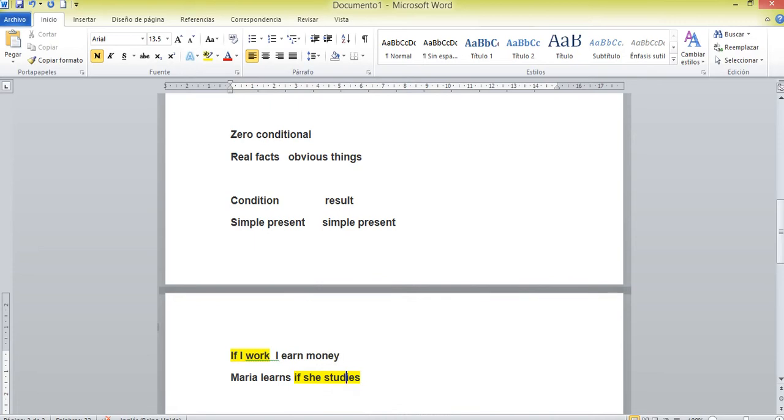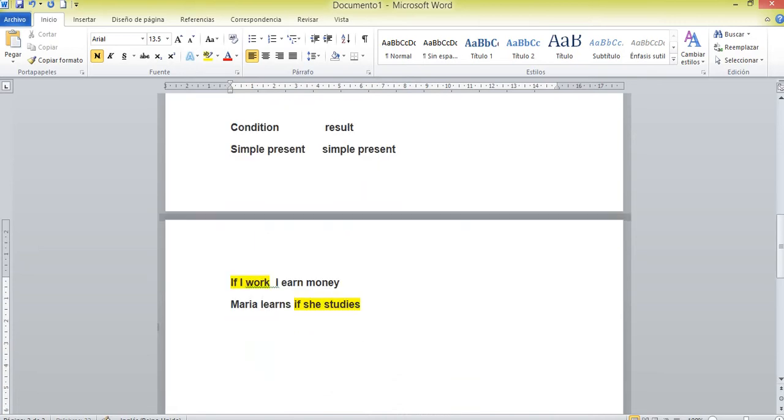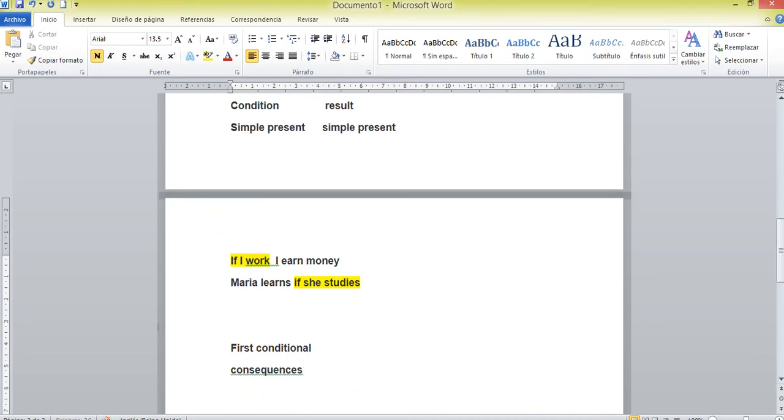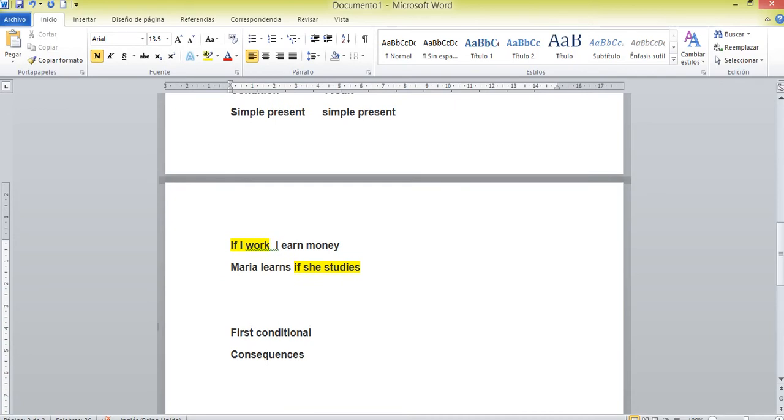Now, we are going to continue with first conditional. So for first conditional, guys, it's important that you understand that this is used for consequences. When I'm talking about consequences, right, I use first conditional.